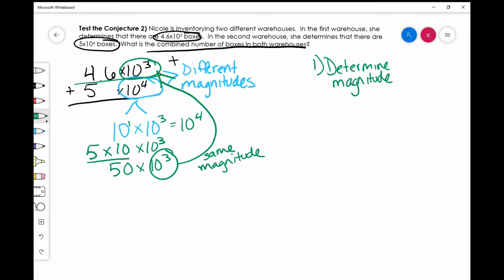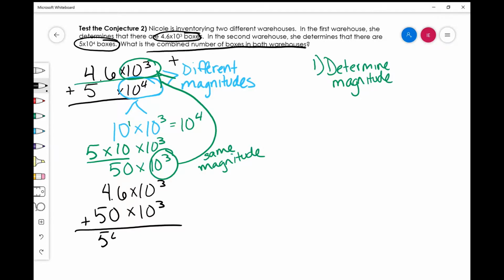I can add my multipliers together. I now have 4.6 times 10 to the third plus 50 times 10 to the third. Now, again, that we have the same magnitude, I can just add my multipliers together. So I have 54.6 and keep my same magnitude times 10 to the third power.